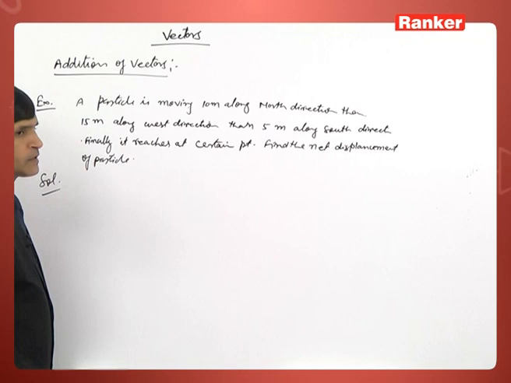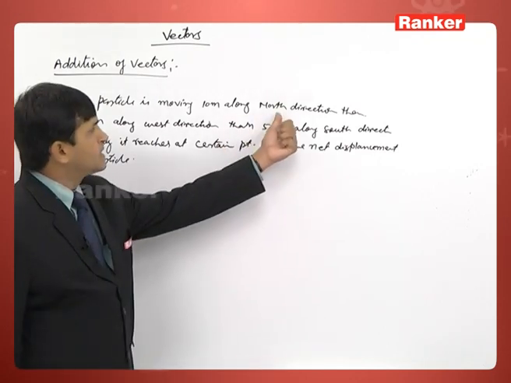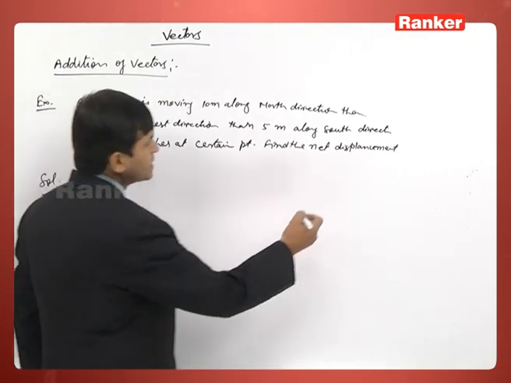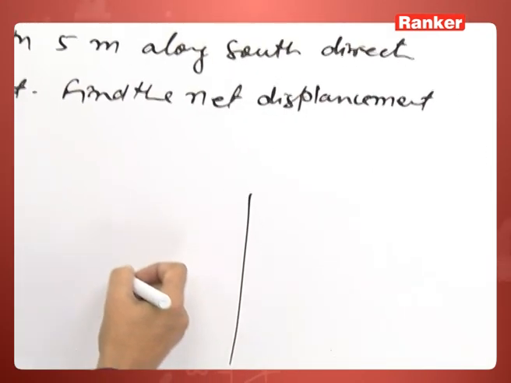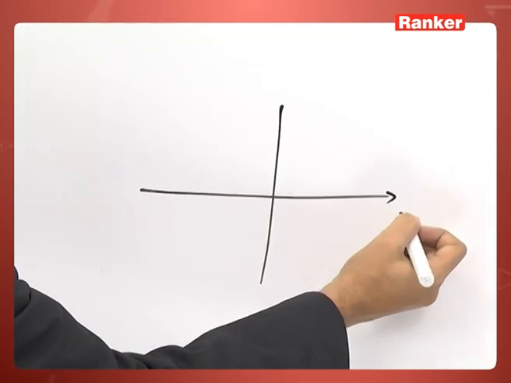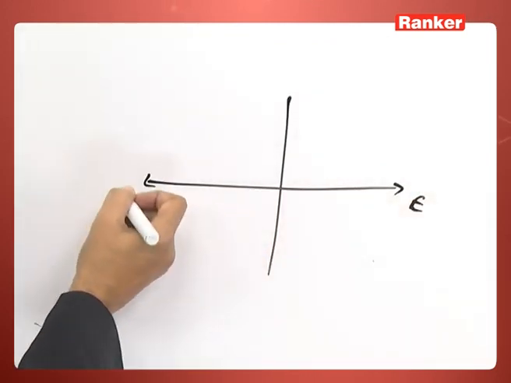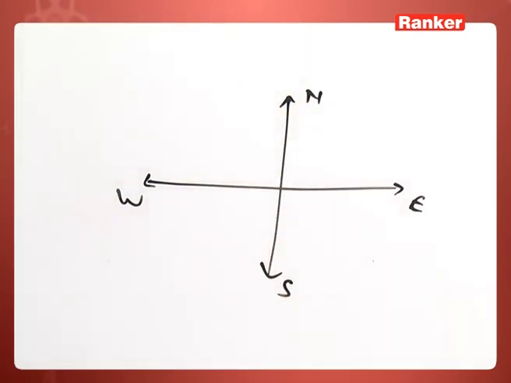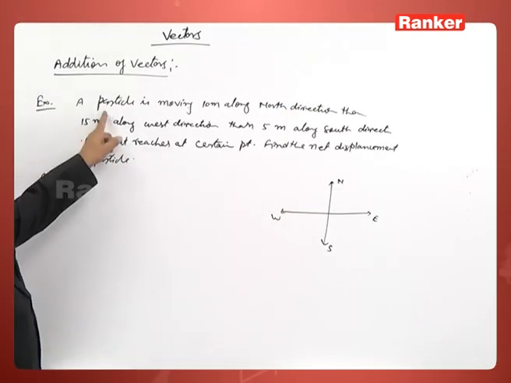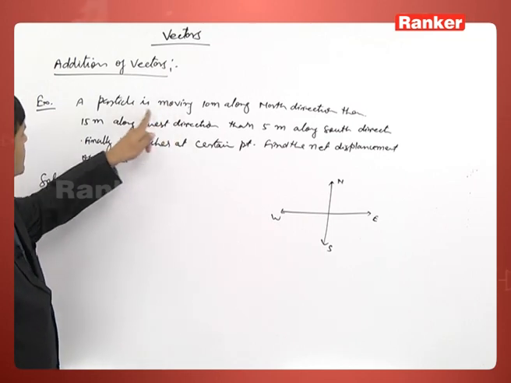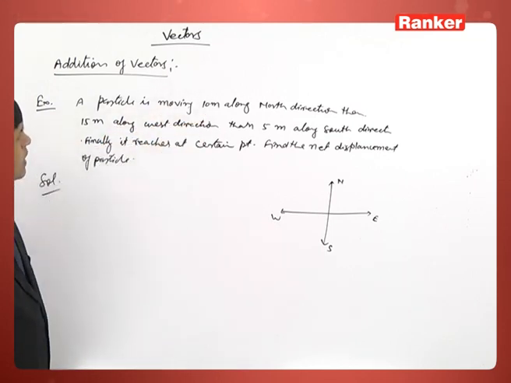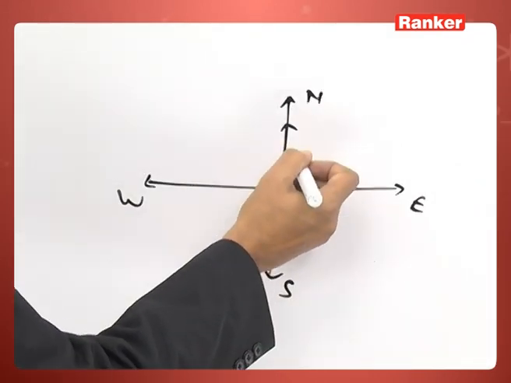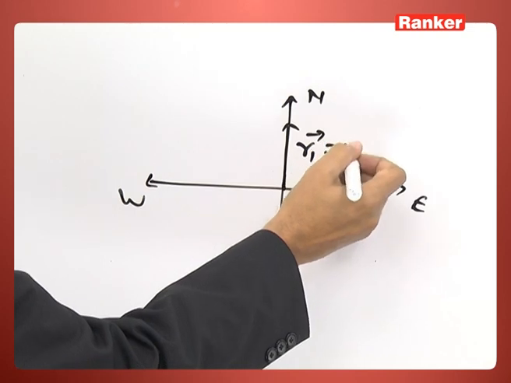See how to do this one. As it is given in the form of directions north, east, south, west, as already suggested, we can assume the directions east, west, north, south as per the given condition here. A particle is moving 10 meter along north. So, let 10 meter we are defining with R1. This is 10 meter.